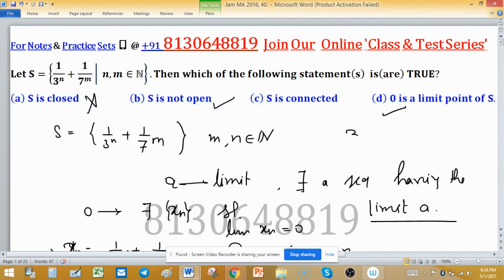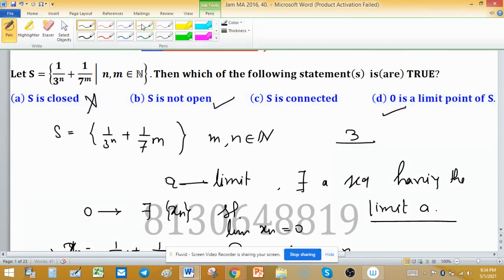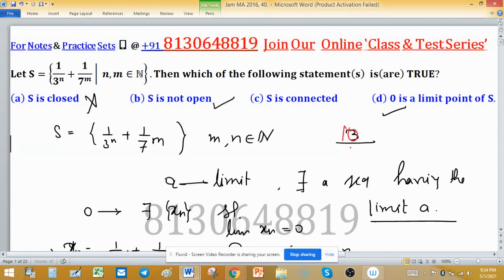Because the epsilon neighborhood of 10 upon 21 is not in S, this means it is not open, and we are checking whether it is connected or not.